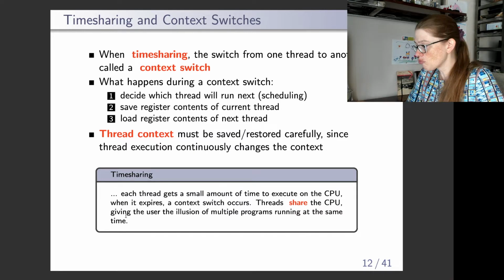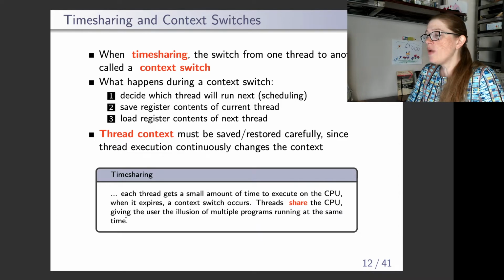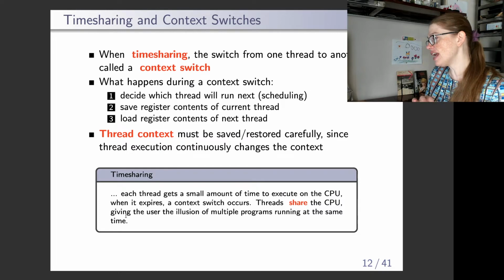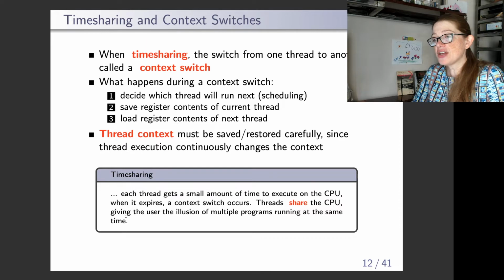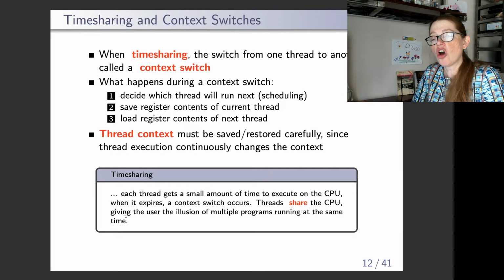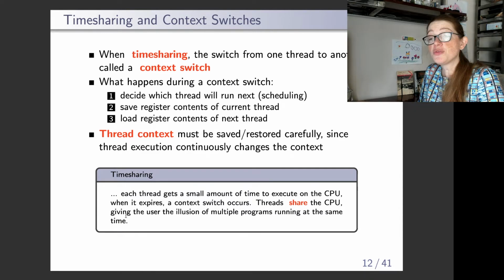All right. What other things do we need to deal with? We also need to worry about how you change from one thread running to another thread running. And the answer to that question is actually pretty simple. We are going to need to save the context of the thread that was running, and then when we load the new thread, we're going to need to load the context.